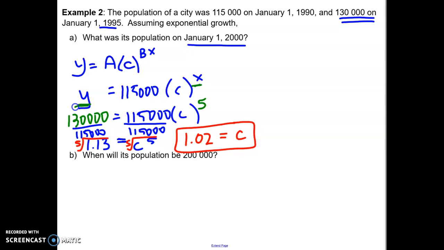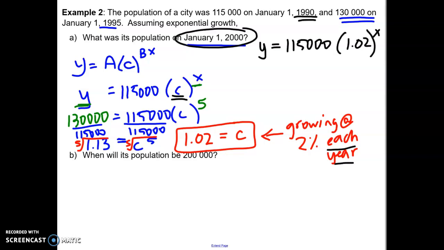What that means is that we're growing at 2% each year. Because remember that you go 100% and then it's on top of that another 2%. So you're growing 102%, which means it's an extra 2% each year.